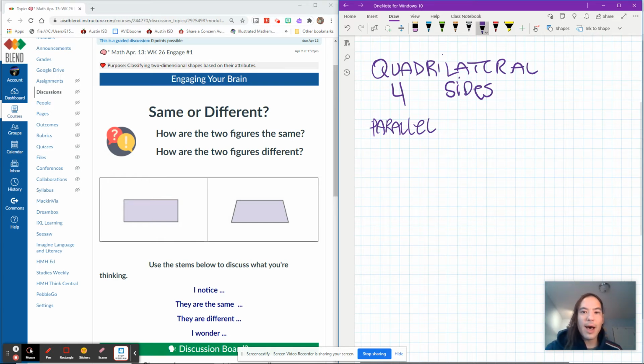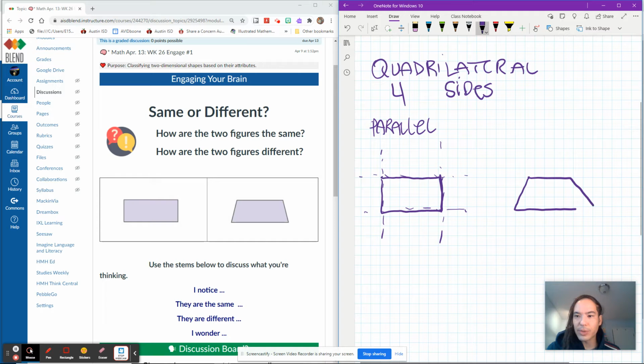All right, so I notice we are looking at two quadrilaterals. On the left side, we're looking at a rectangle. Remember, a rectangle basically has two sets of parallel lines. These two sides are parallel, and these two sides are parallel. And over here, we're looking at a trapezoid.